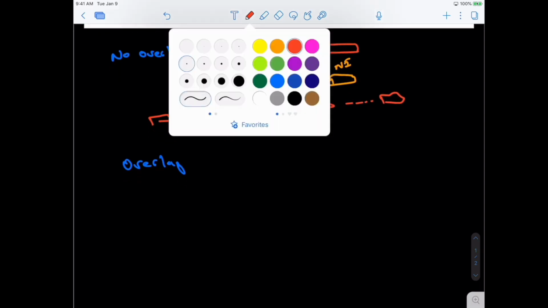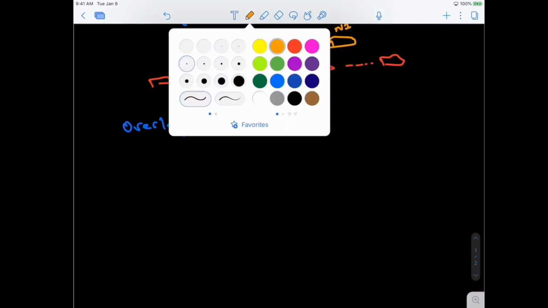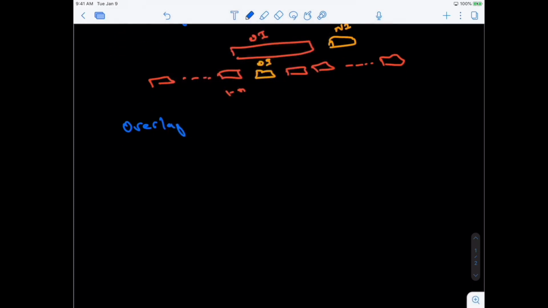For overlap, it can be either overlap with one interval or overlap with multiple. Examples.